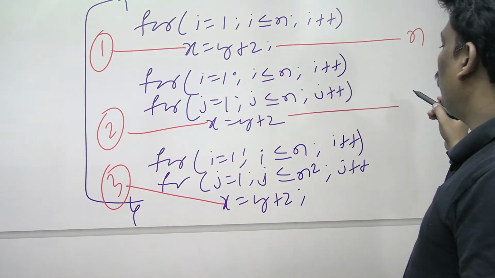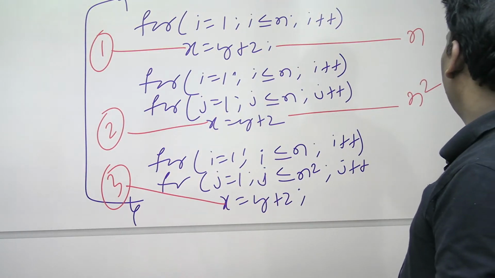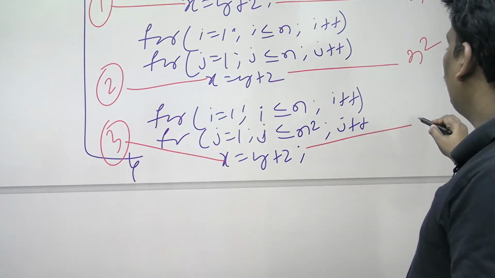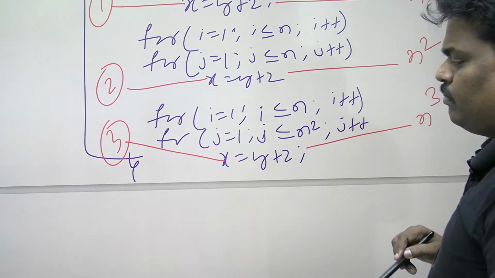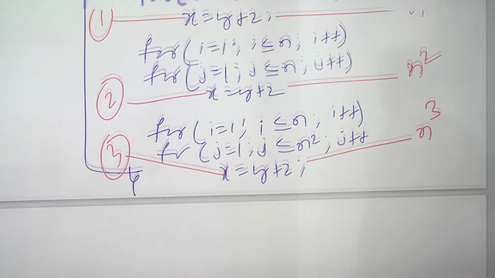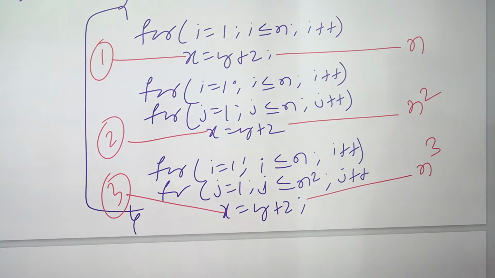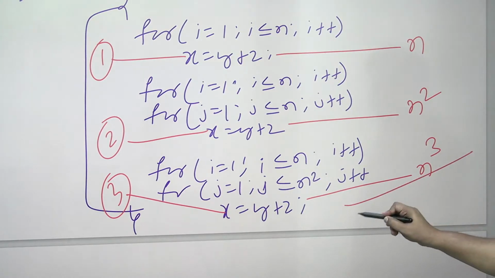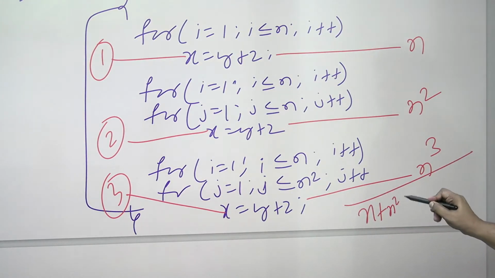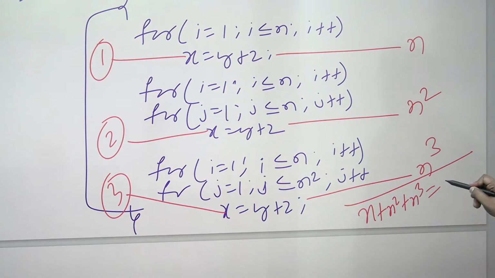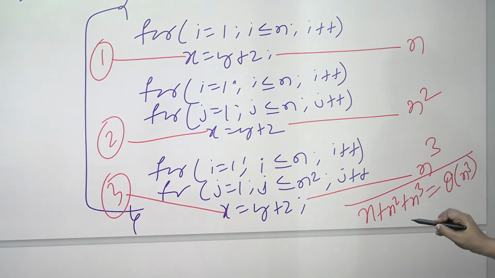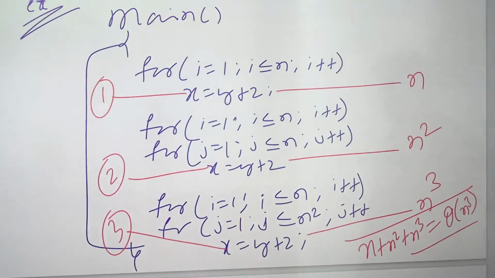Statement 2? N square times. Statement 3? N cube times. Now what is the overall time? N plus n square plus n cube. Which is the bigger one? N cube. So theta of n cube. Whichever is bigger, that will be the answer.